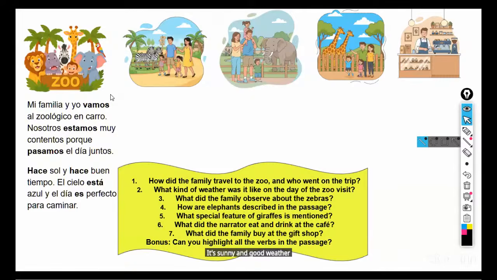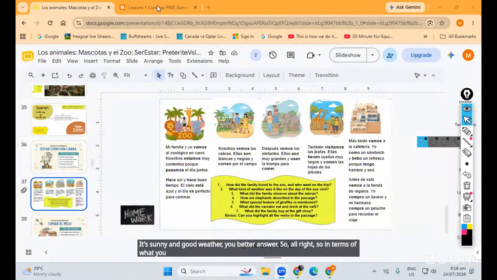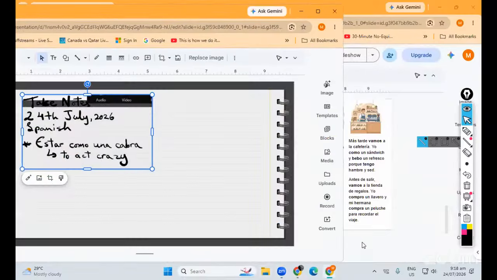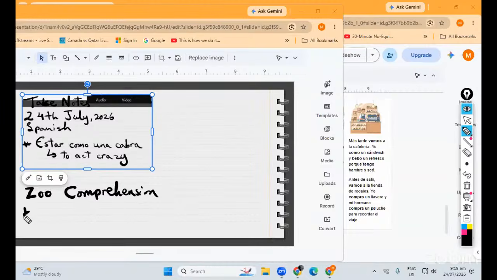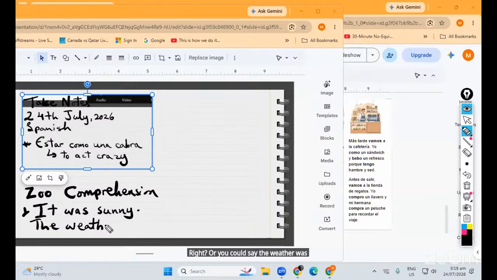So in terms of what you are writing, in our notebook, we are writing zoo comprehension. And number one, it was sunny. Or you could say the weather was good.